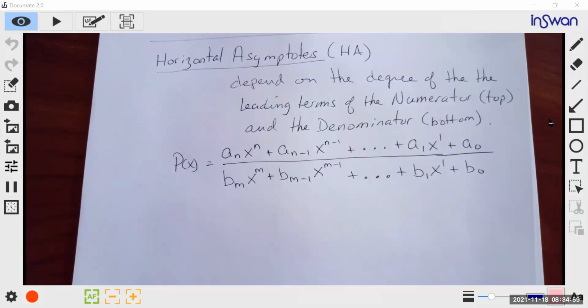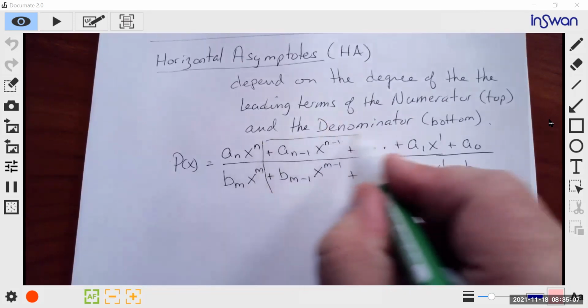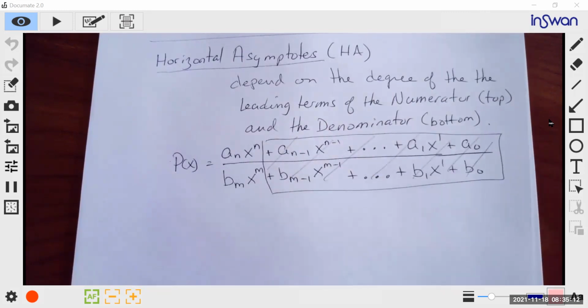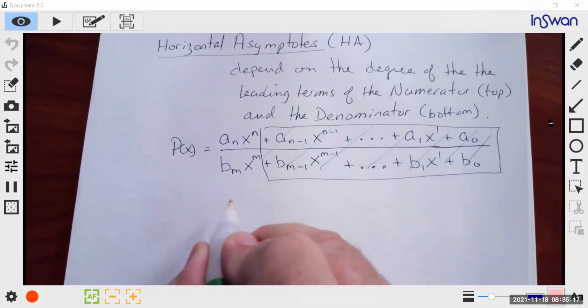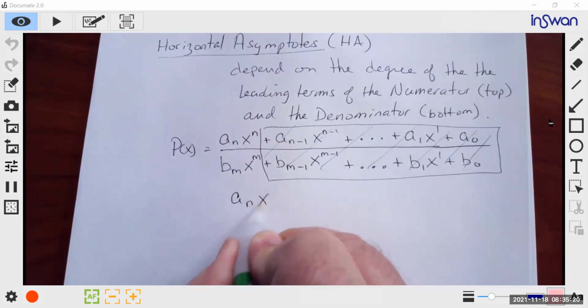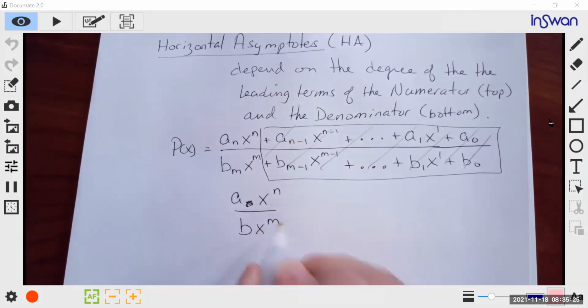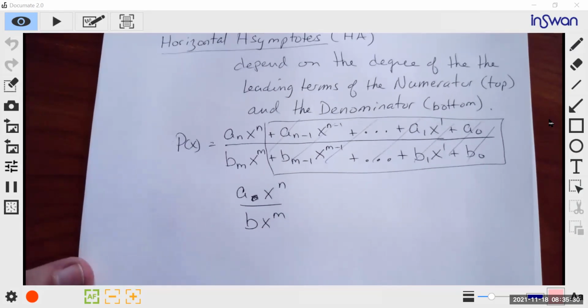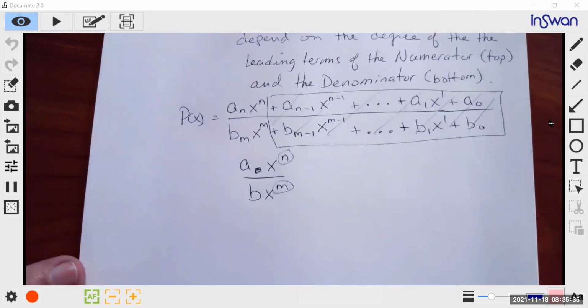So according to our rule, the horizontal asymptote depends on the leading terms only. All this other stuff I can get rid of. I don't need it for this part. The exponents are the important parts.